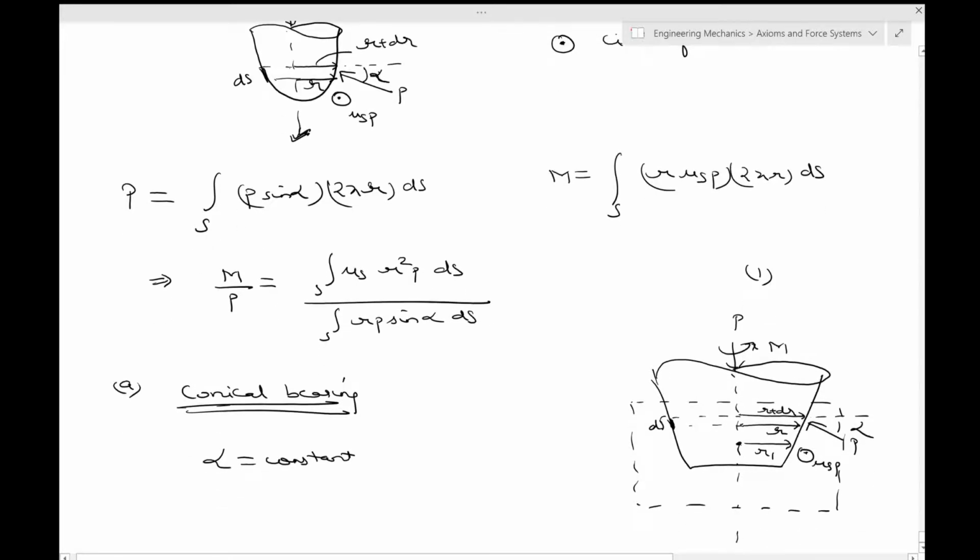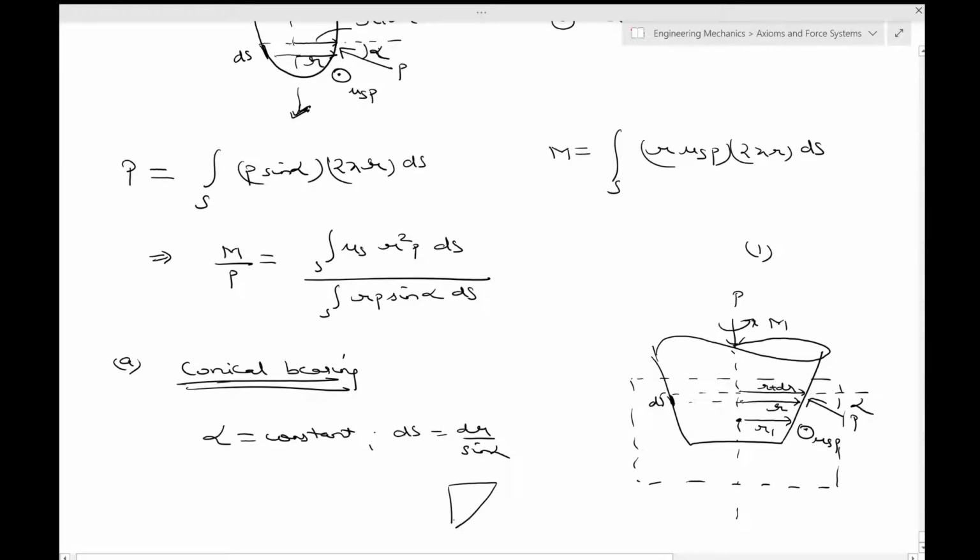In a conical bearing that's not the case, and ds equal to dr by sine alpha can be written, because you can make this triangle over here as ds, and this distance will be dr, and this is clearly alpha, so sine alpha will be equal to dr by ds.